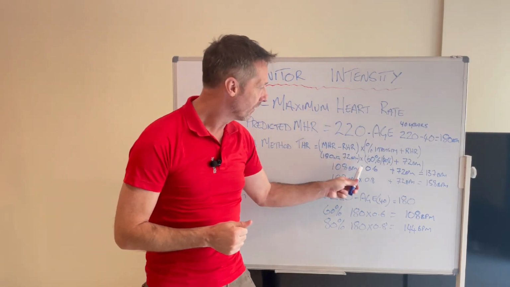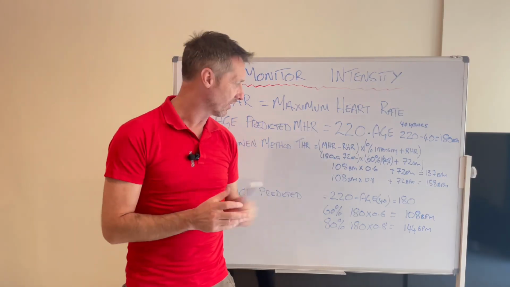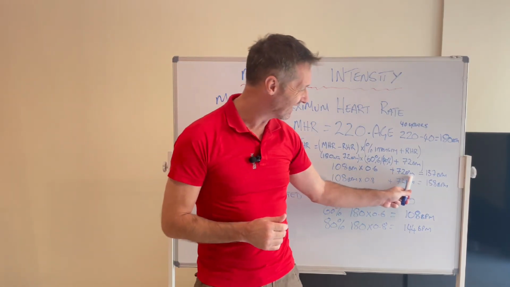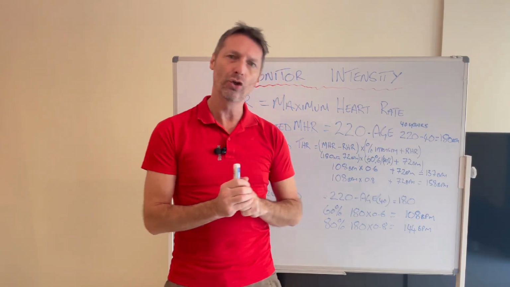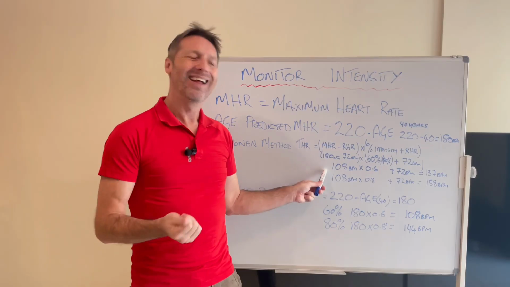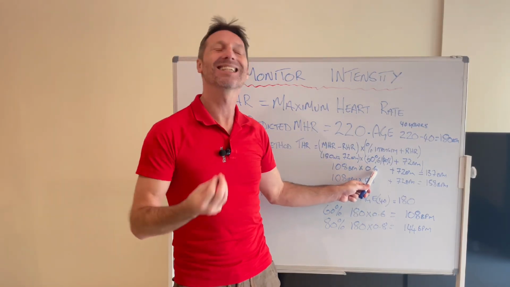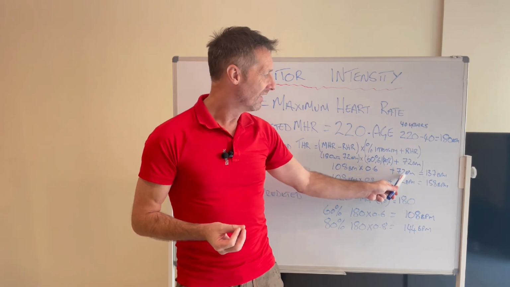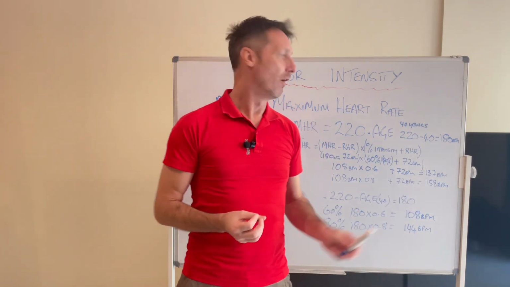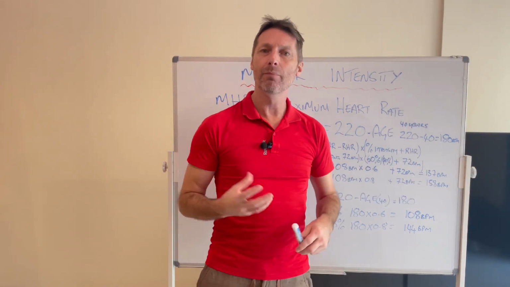I then need to work out, either I want to work at 60 and 80% of the 108. Then at the end, I add on 72 beats per minute, which is the resting heart rate. So here is 108 multiplied by 0.6, 60%, plus 72, which gives me 60% maximum heart rate for the 40-year-old client as 137 beats per minute.